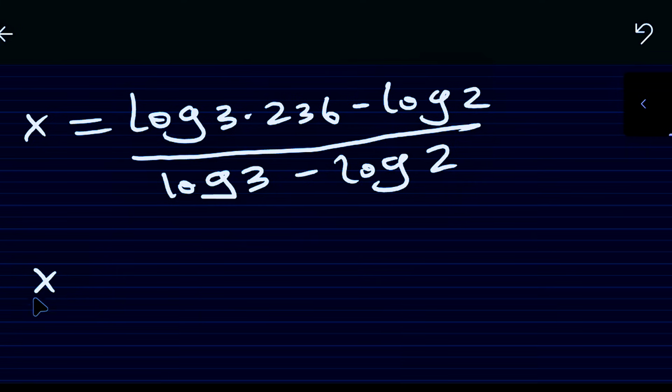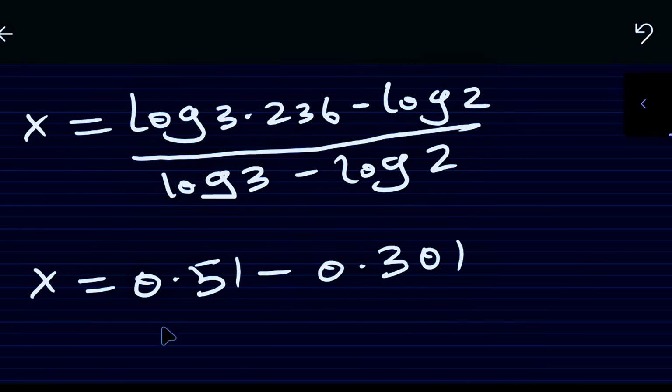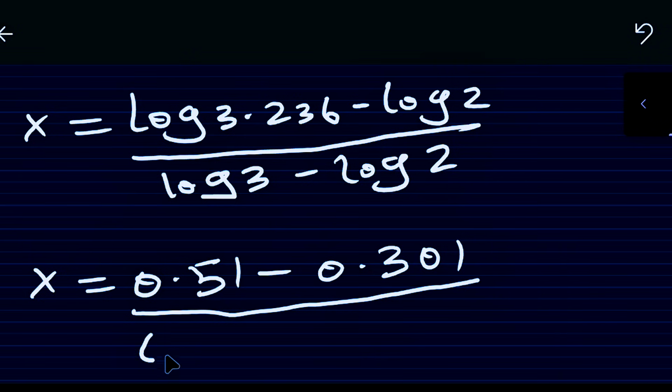So x equals log 3.236, which gives us approximately 0.51, minus log 2, which gives us 0.301. Then we divide everything by log 3, which gives us 0.4771, minus log 2, which is 0.301.